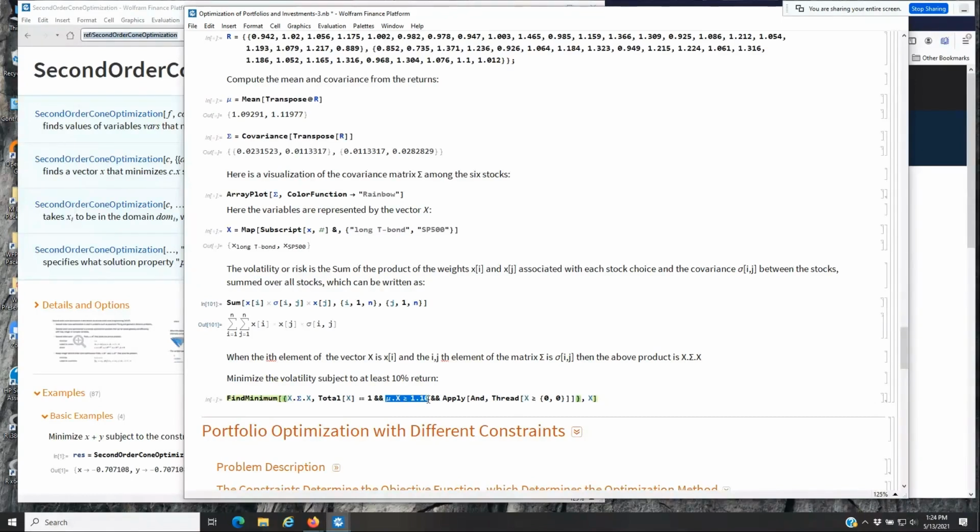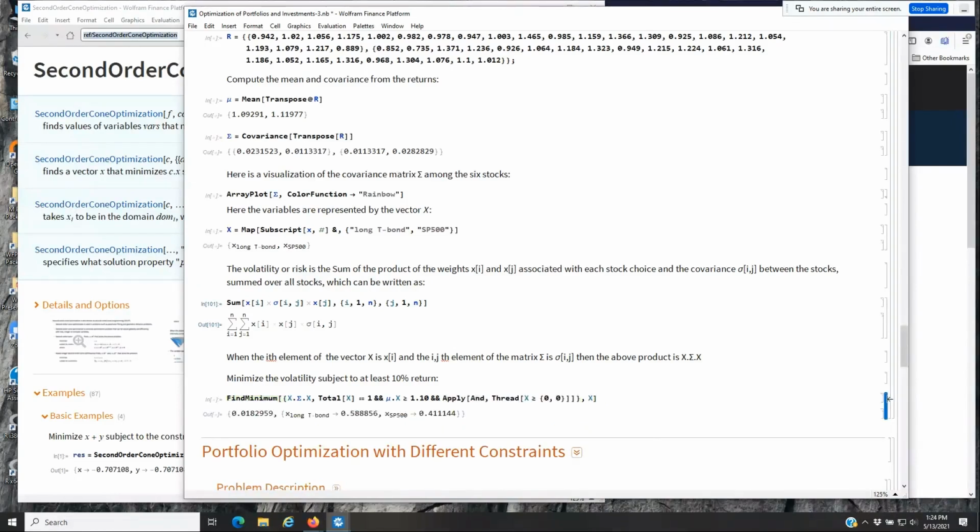In this case, it must have an overall return of 10%, and all of my values here must be positive. And with that, I can get the minimum variance, and these are the optimal allocations.